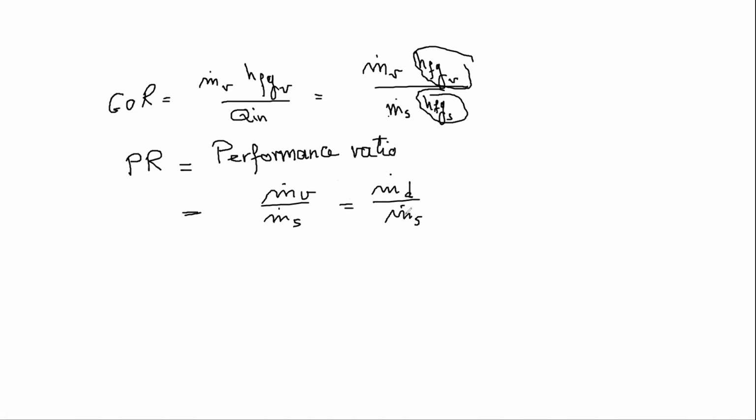conventional desalination systems. There's something here I have to tell you, that there is a difference between us here in academia and the industry. In the industry, they switch those values. They say the GOR is m dot d over m dot s, whereas the PR is given by that expression. In our belief, that's not the way it should be, because we needed the GOR to be more general.